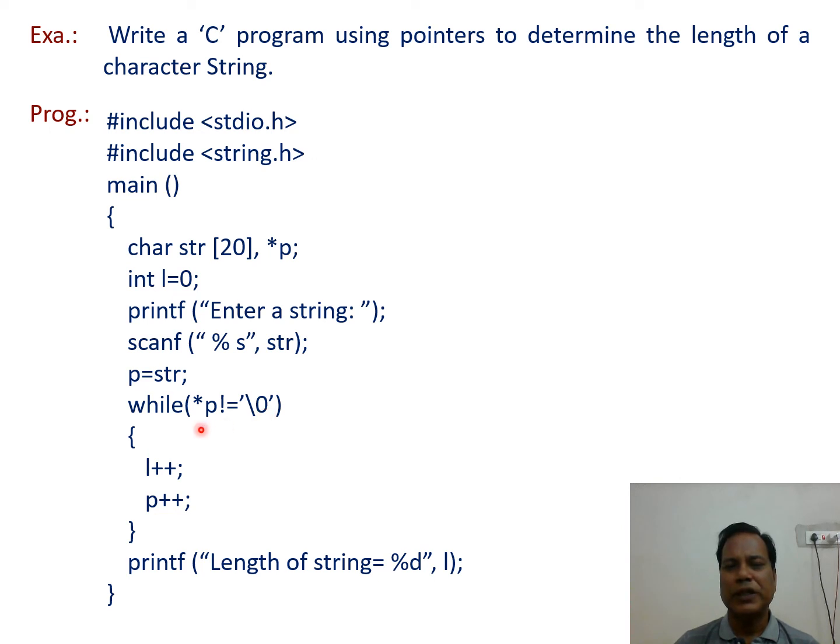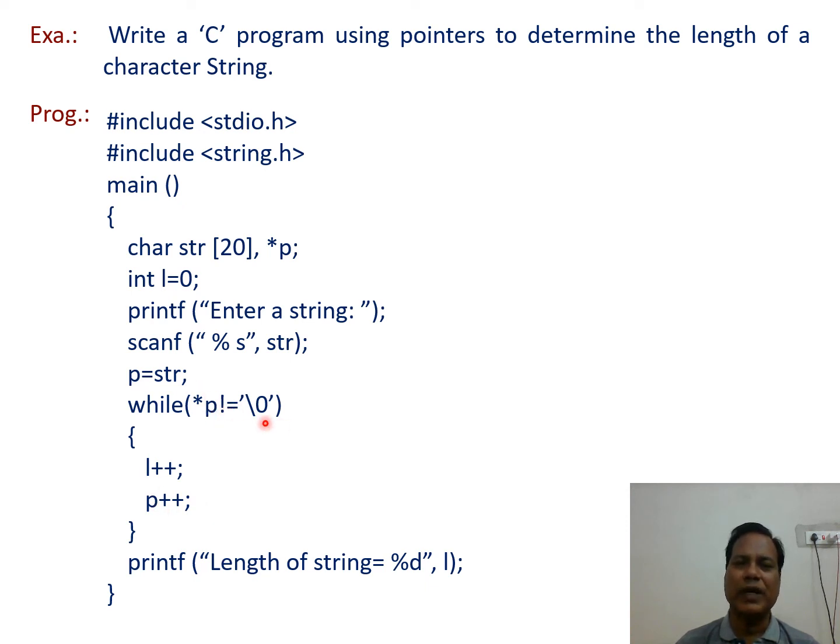So this condition is put: *p, the data pointed to by the pointer variable p, is not equal to the null character, because the null character is always the last character of a string. If it is not equal to the null character, then increment the value of i and also increment the value of p, so that the next data can be checked.